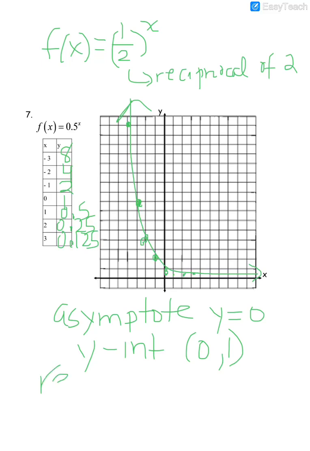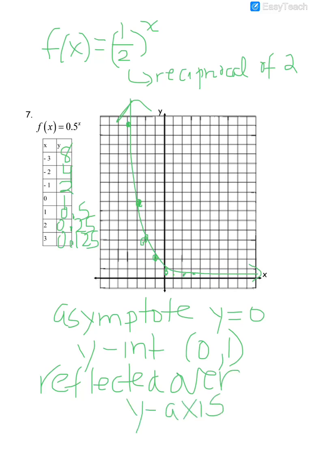What happened? It reflected over the y-axis. What's weird about this is that there's no negative sign. It's just that the base is becoming a fraction or reciprocal, and then it reflects over the y-axis.